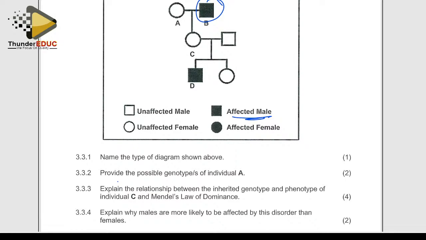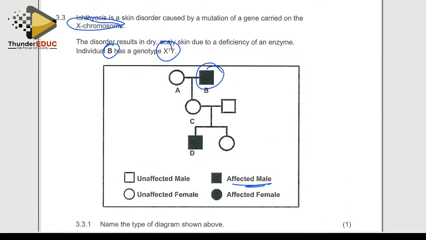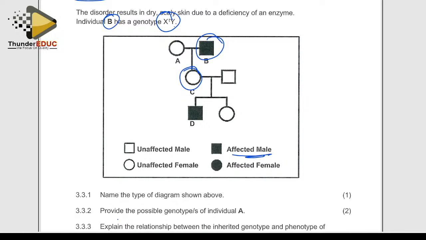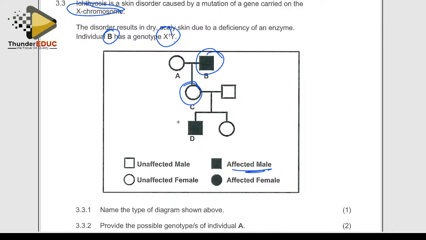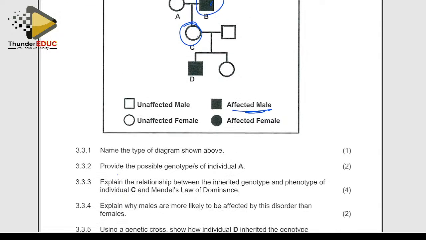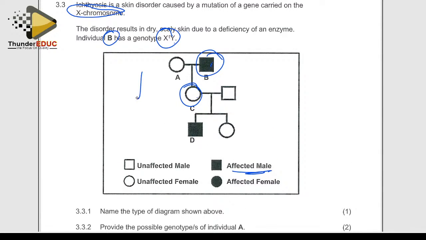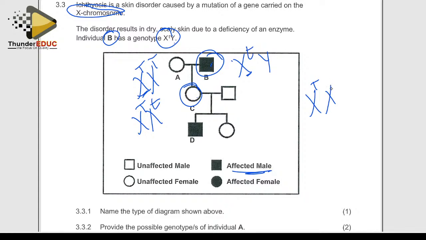Provide a possible genotype of individual A. Individual A produced a baby who is normal, and this one is sick, so automatically individual A could be X capital T, X small t; the male is X small t Y. If this combines with this, it forms X capital T, X small t.